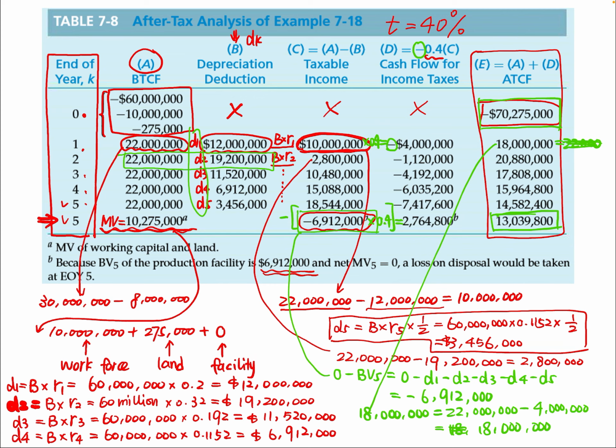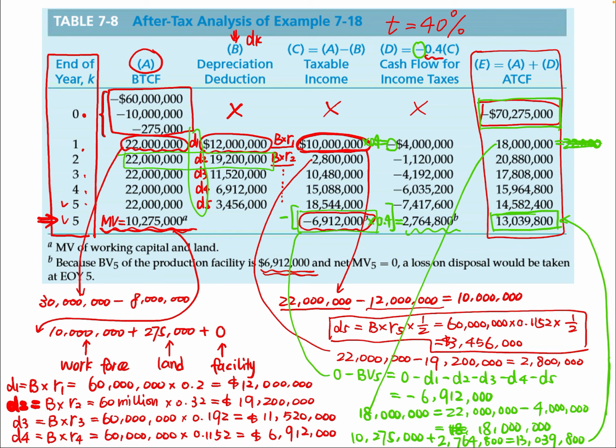Okay, and then talking about the last cell, it is the number in column A, which is 10,275,000 plus the number in column D, which is 2,764,800. Okay, that will give you 13,039,800.